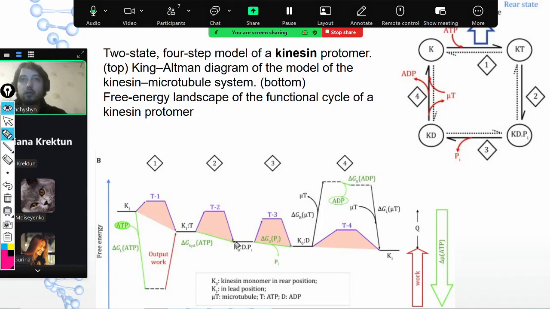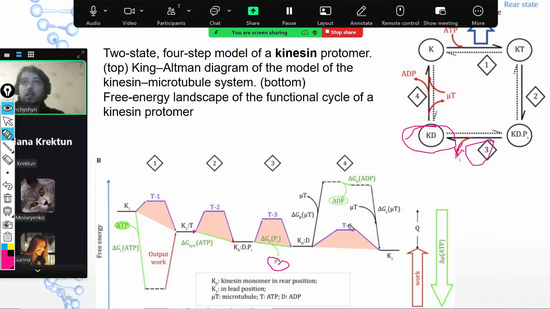Once again we have a really small change in the free energy. Now we release the inorganic phosphate. That's transition state 3. We have kinesin bound to the ADP. And now we need to release this ADP somehow.